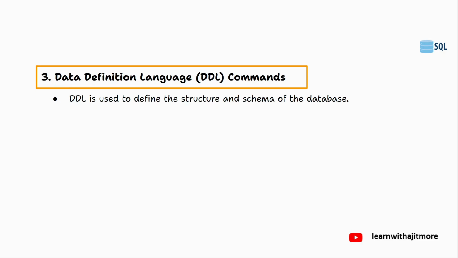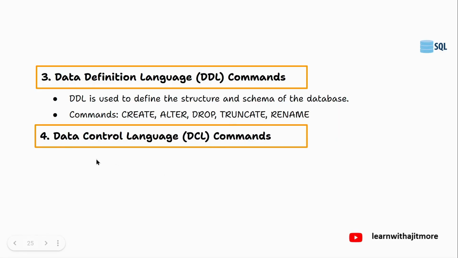Then I'll set the relation between them: employee works in department, employee is working on the project, employee applies for leave, so there is a leave table. So there are different tables and then you will form the association between them. That is the relation. So for that, some commands are given like create, alter, drop, truncate, rename. All commands we are going to learn. Don't worry. With syntax examples, I'll be telling you.